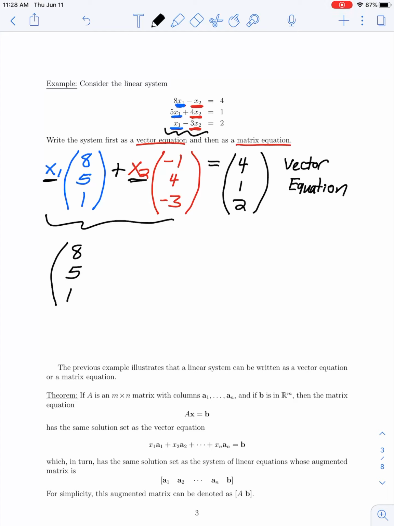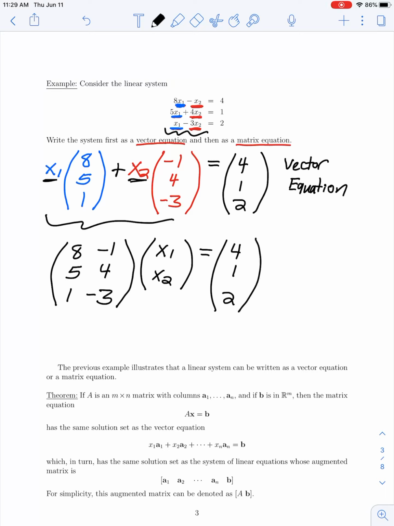And the second column of our matrix A will be the second column vector, -1, 4, -3. And then we're multiplying by the vector x, whose entries were the weights in this linear combination, namely x1 and x2. And this is equal to the vector on our right-hand side, which was 4, 1, 2. So this is our matrix equation.